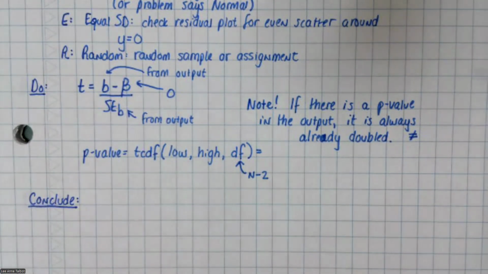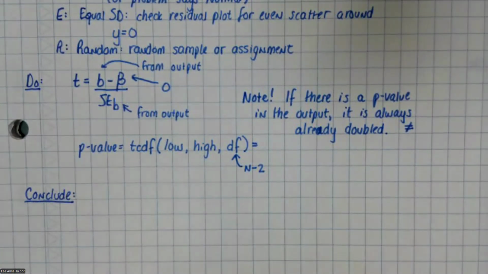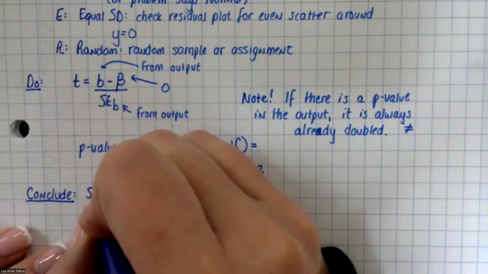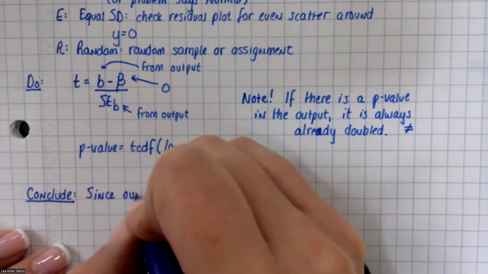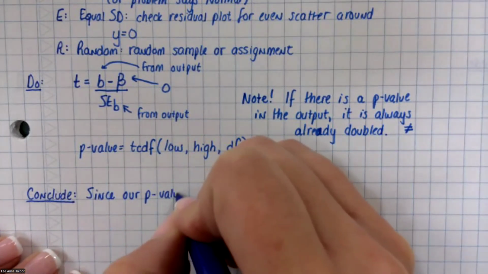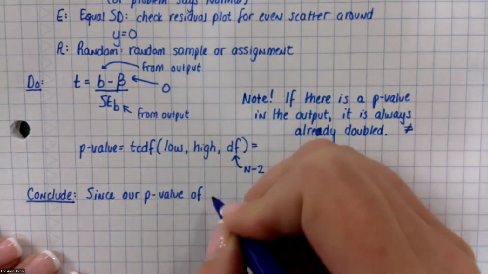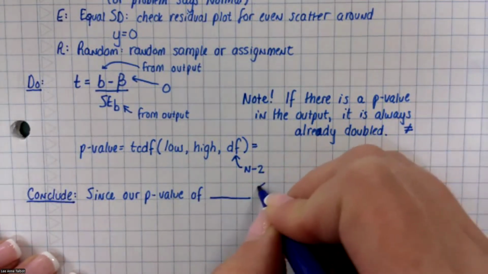That doesn't mean it always is, but you should know it's doubled. Okay. Since our p-value of blank.